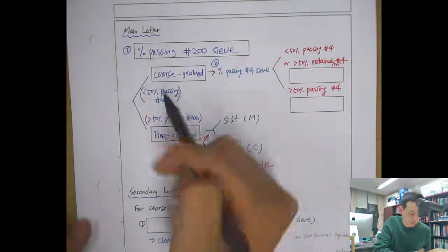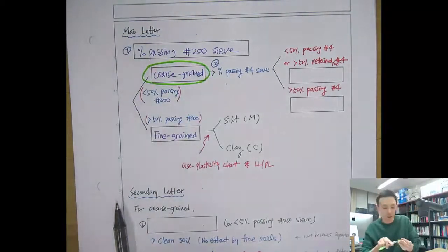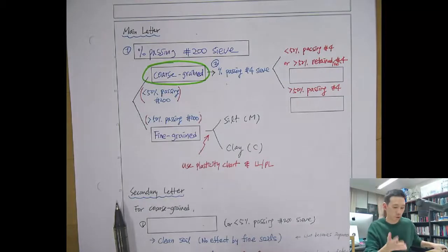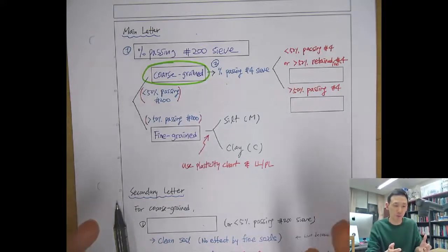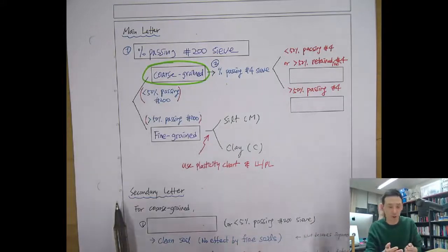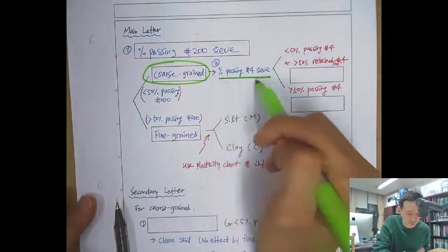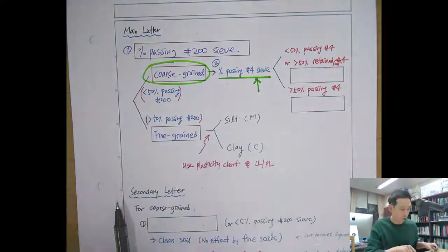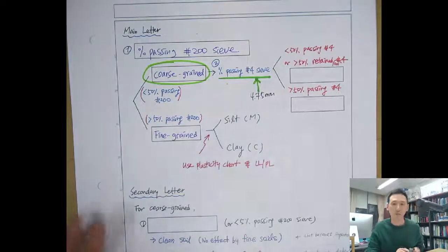And for the coarse grain soil, the main letter can be G or S, so it can be gravel or sand. Then we have to determine which one is the majority, whether gravel or sand is the majority of the soil. So we look at the percent passing the number 4 sieve. The number 4 sieve has an opening size of 4.75 millimeters, right?